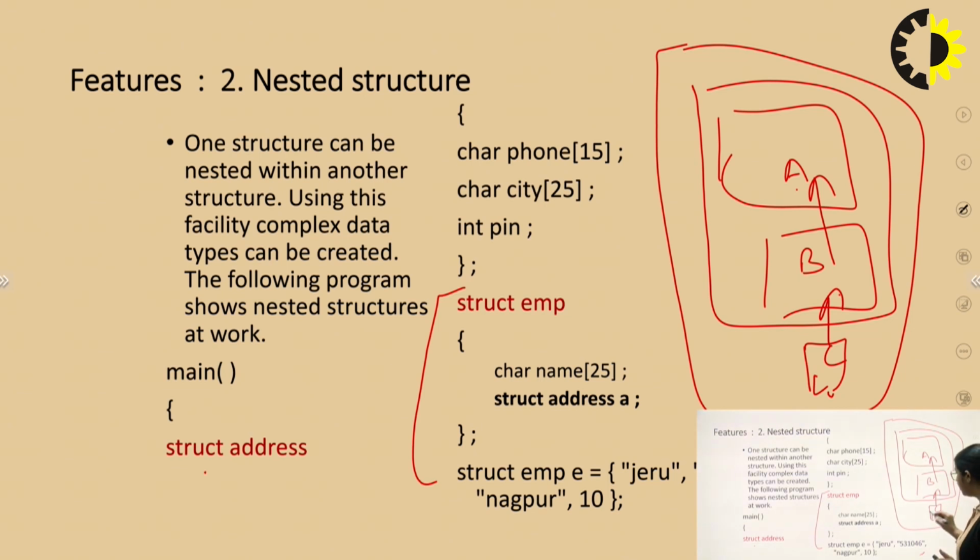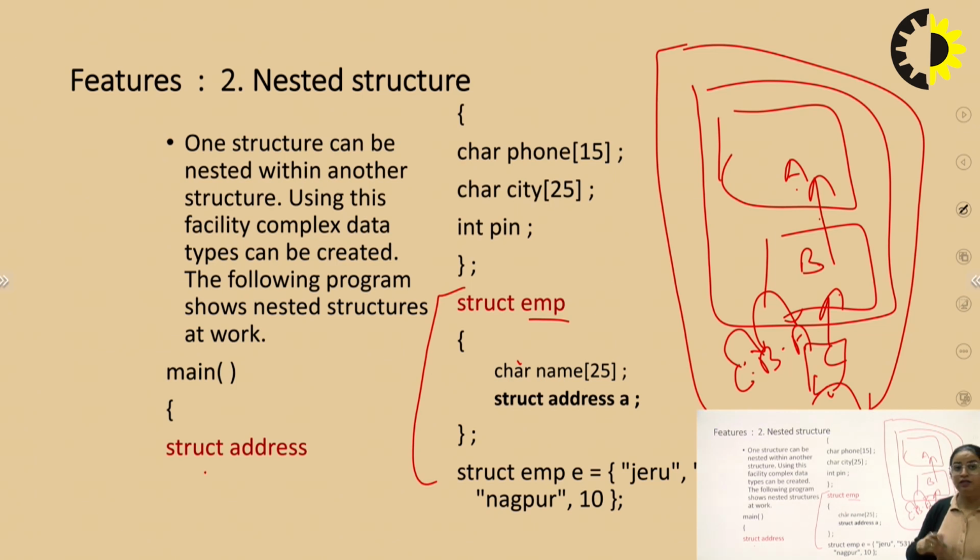We have to follow a path: C dot B dot A. First, from C we reach B, then from B we reach A. And if you want to access from B to A, then from B you reach A. Similarly, when we are creating a nested structure, we just create a structure within a structure. That means we create address, and in that address we create a struct employee.